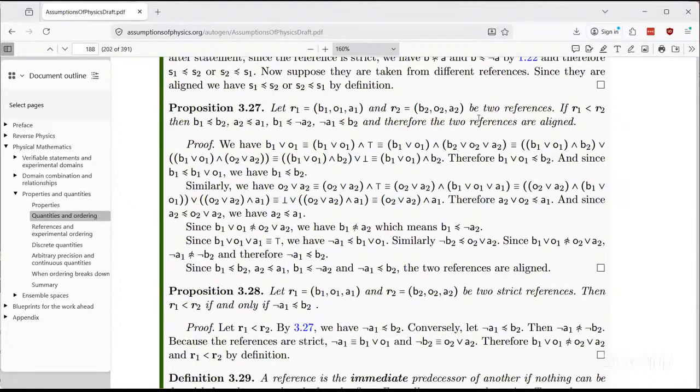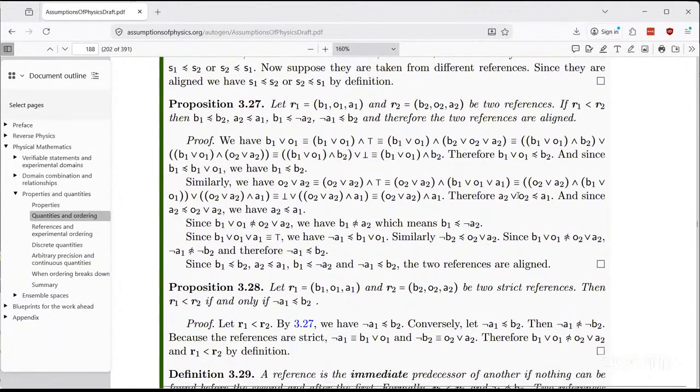We defined aligned for two references, which just meant one is before the other, and now we extended the definition to arbitrarily many references, and we check that the original definition is compatible.